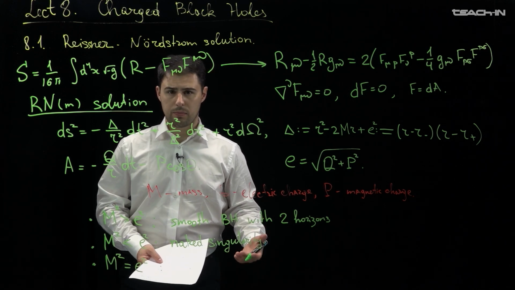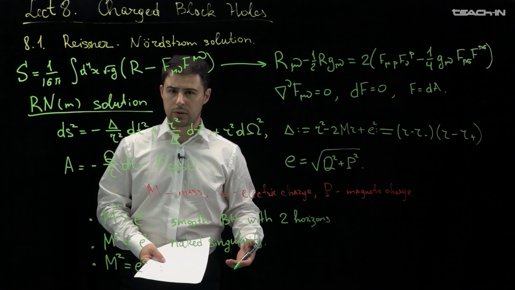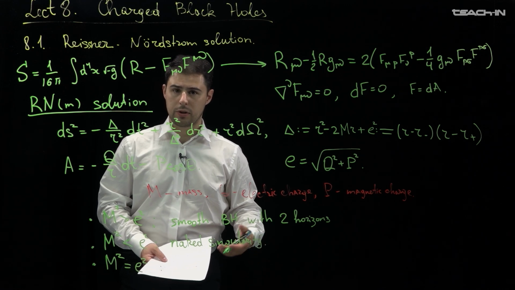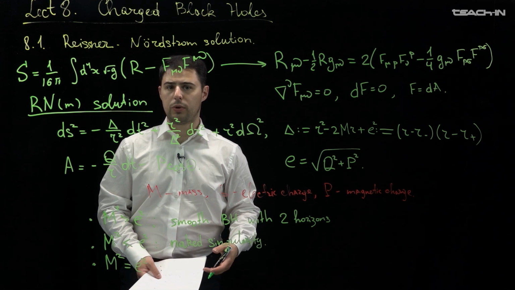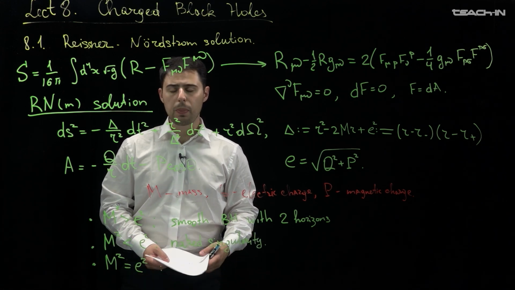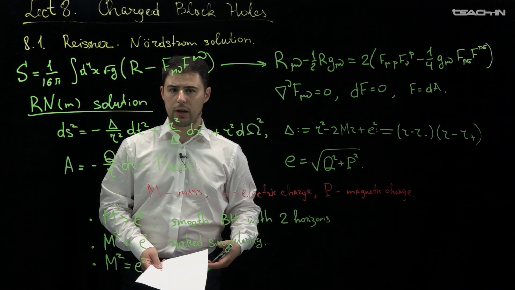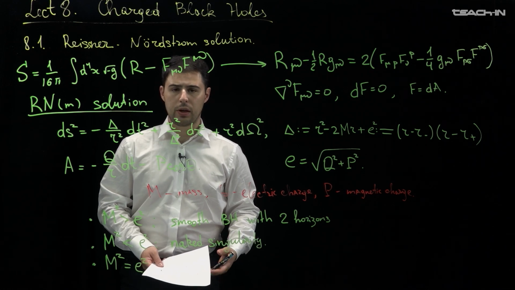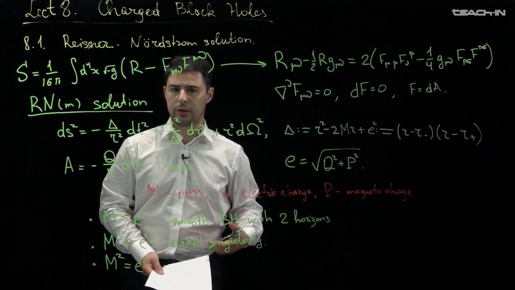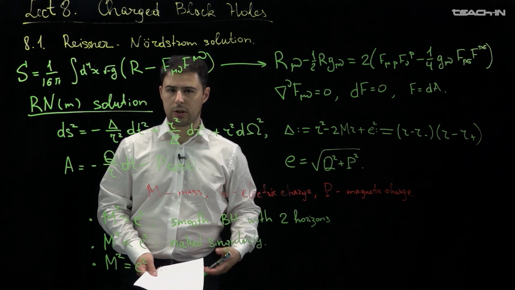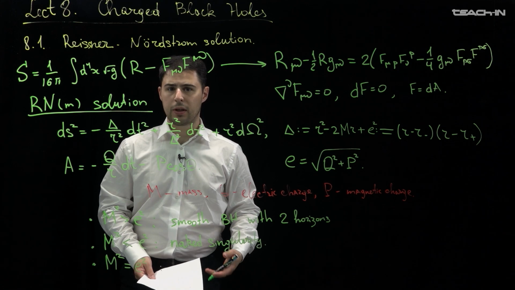So this is a special kind of black hole, and we call such black holes extremal. We believe that such black holes are unphysical as well. In fact, we don't know of any scenario how they can form as a result of a physical gravitational collapse.